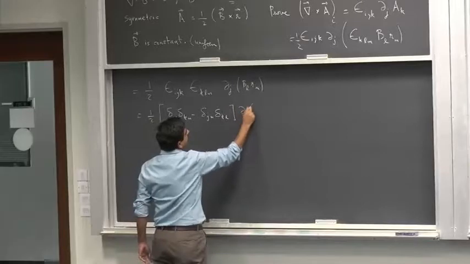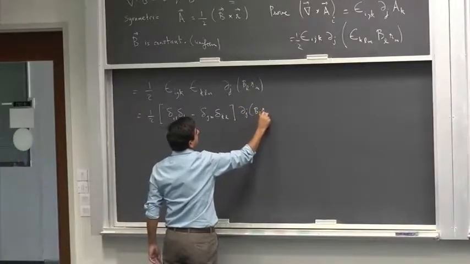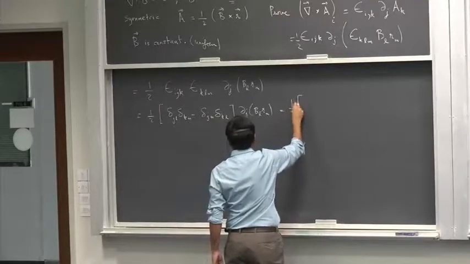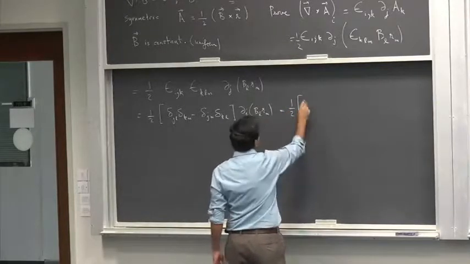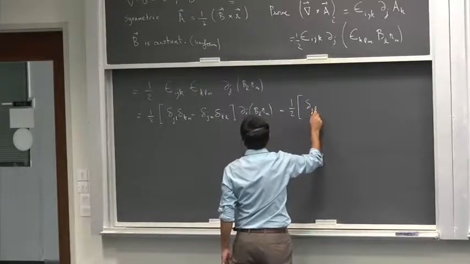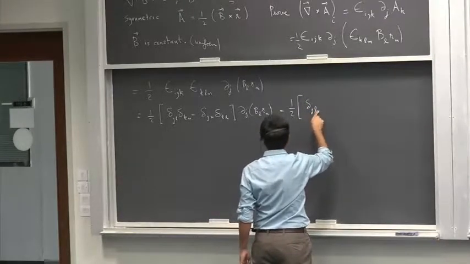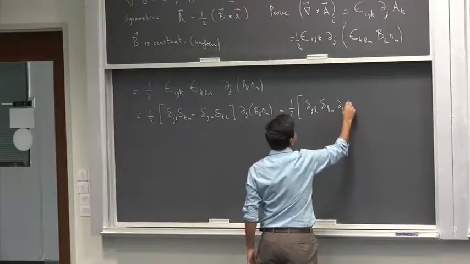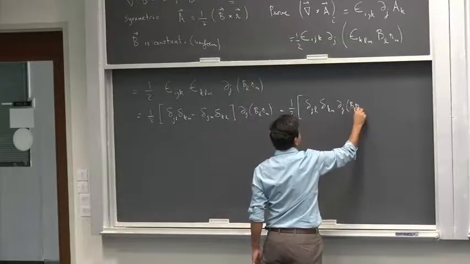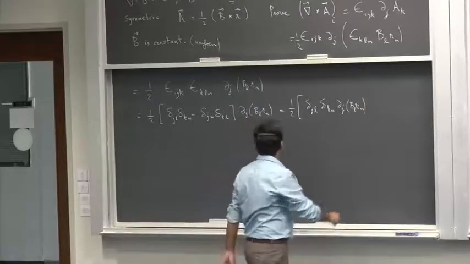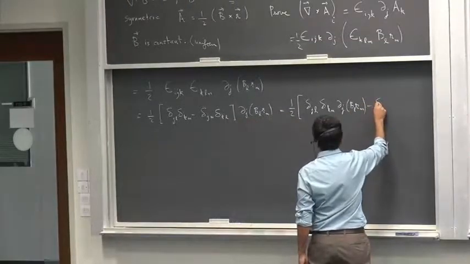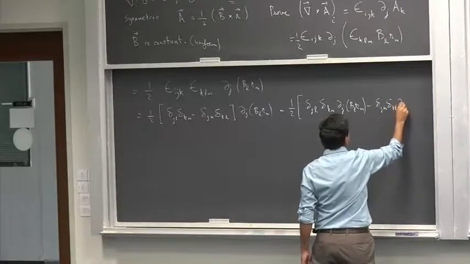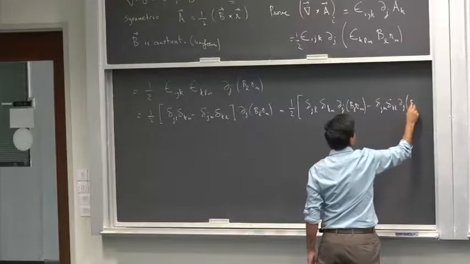Partial J, B_L, R_M. This equals 1/2 of partial J, delta JL, delta KM, B_L, R_M minus delta JM, delta KL, partial J of B_L, R_M.